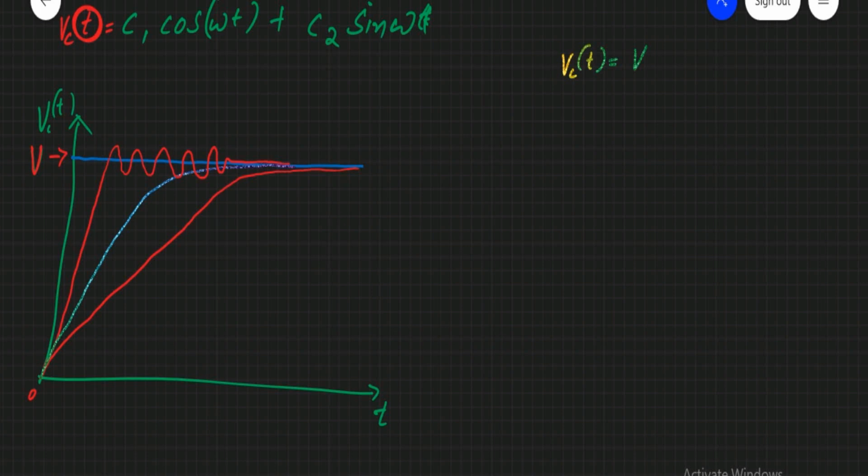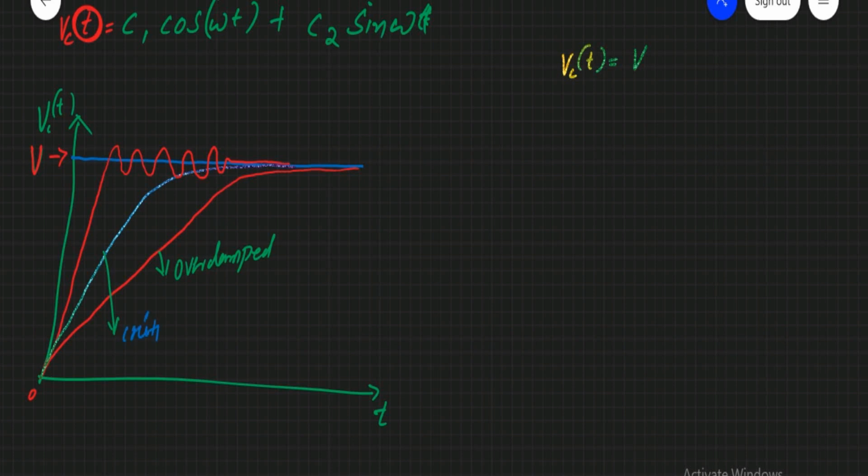If you have observed here, this is for the overdamped graph, and this is your critically damped.